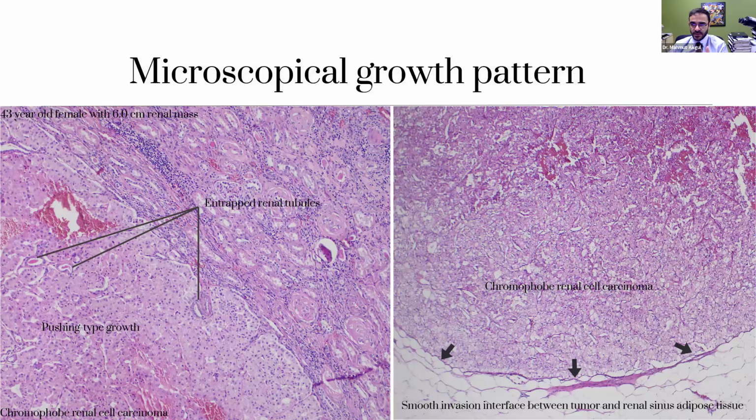In the example of chromophobe renal cell carcinoma, you have the same thing. Again, smooth interface between the tumor and the renal parenchyma. Sometimes you can have entrapped distal tubules or sometimes even glomeruli encapsulated by the tumor, but it doesn't mean it is infiltrative.